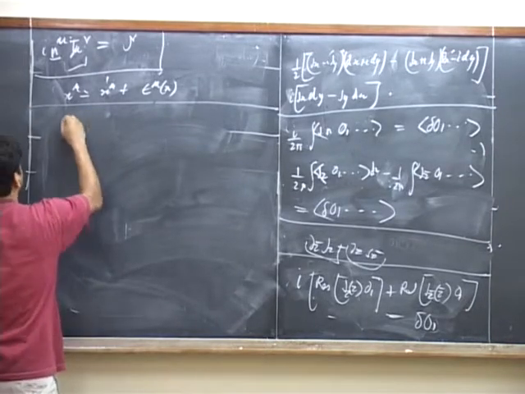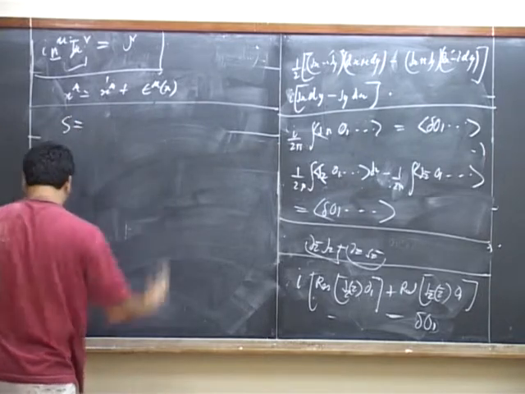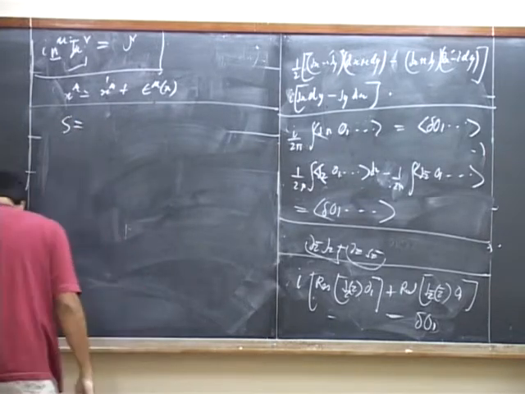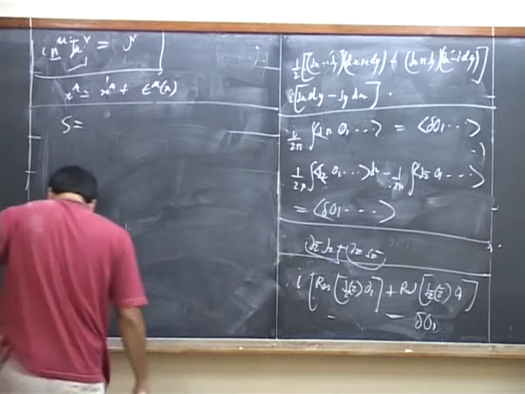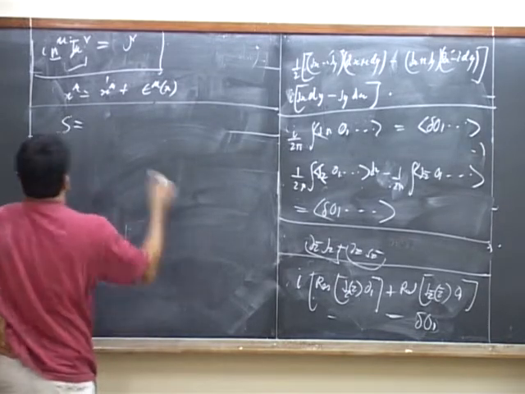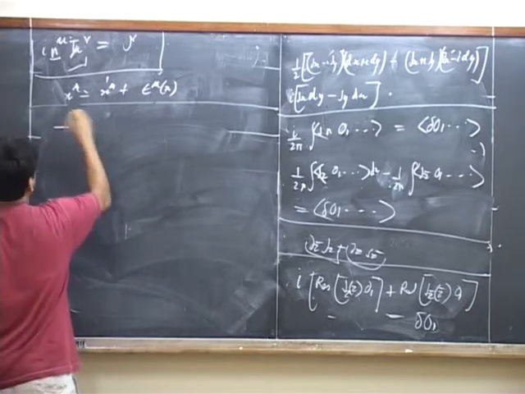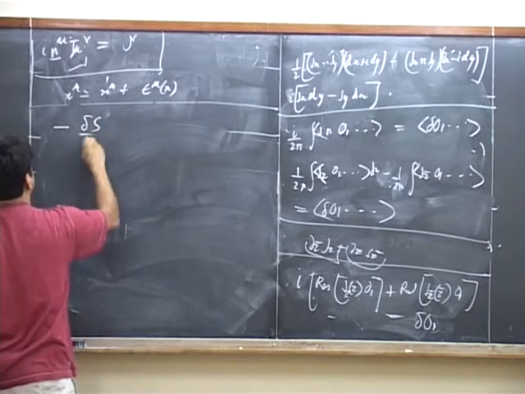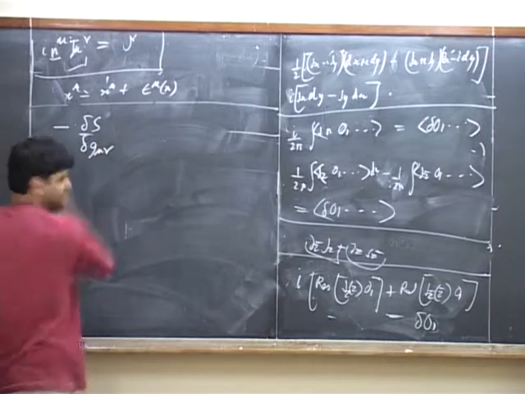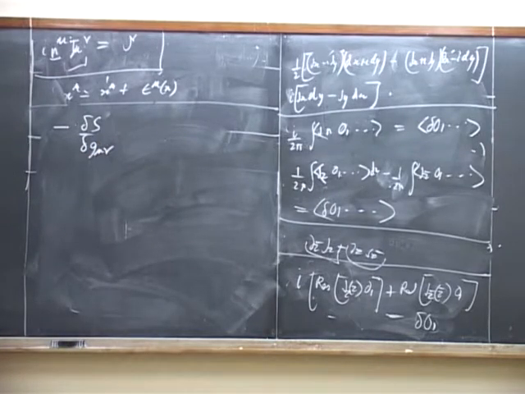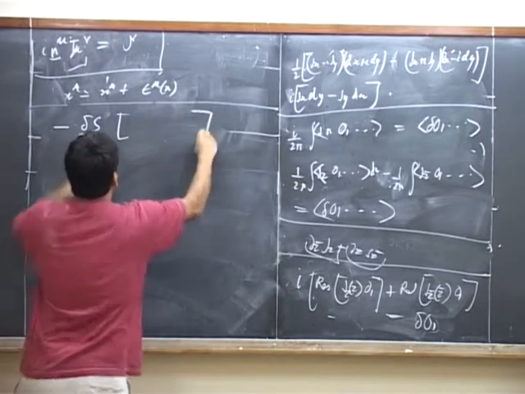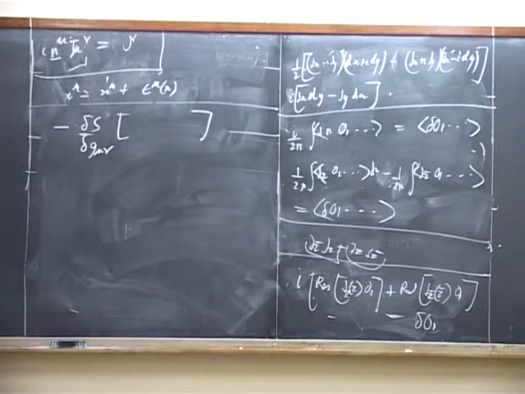So suppose we've got the action which is equal to... well, the answer is simply minus of del S by del G mu nu, okay, times the change in the metric that would have been induced by this coordinate change.